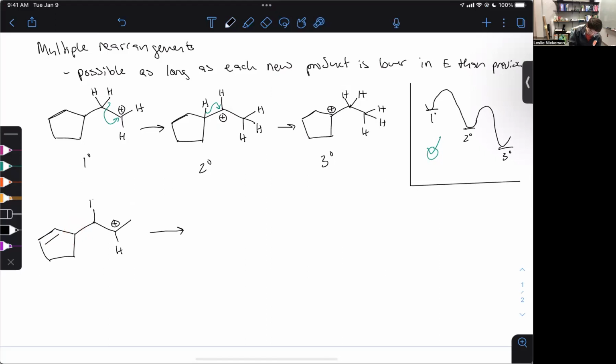But to get there, I have to go through this. So I do my hydride shift, and I get here, and then I can do my other shift.